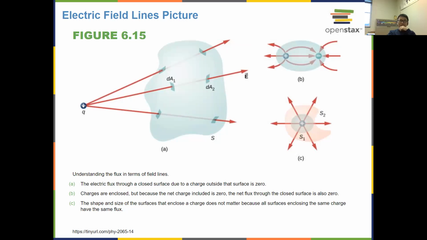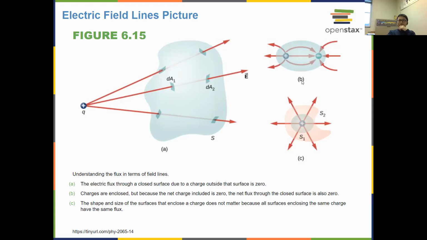For every electric field line you can see through the body, there's a part on one side and a part on the other side. These two sides give positive and negative flux that cancel out, and any of those lines would do the same.